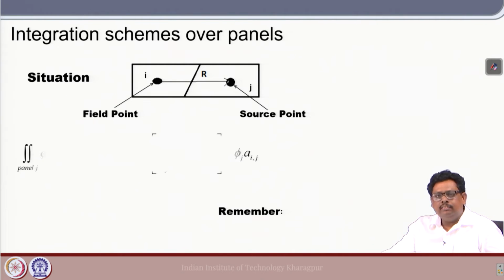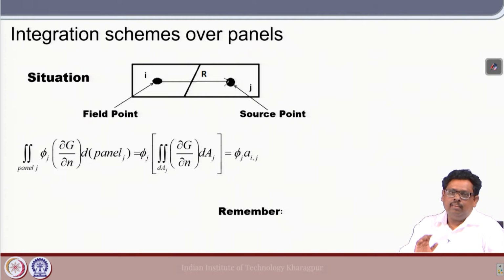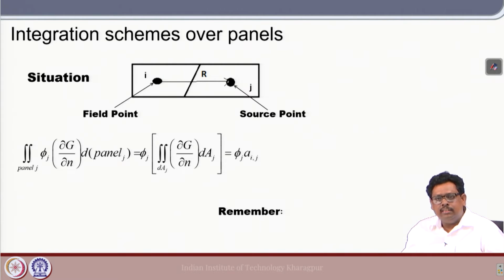Now, if it is so, then this is how we are going to form the influence matrix. We know how we can do this for the one point Gauss quadrature rule, but here we are not going to use only the one point Gauss quadrature rule. Here we are going to use sometimes the 2 point Gauss quadrature rule, sometimes the 3 point Gauss quadrature rule, and of course the 1 point Gauss quadrature rule also.